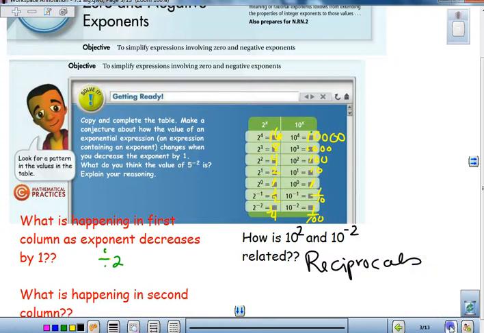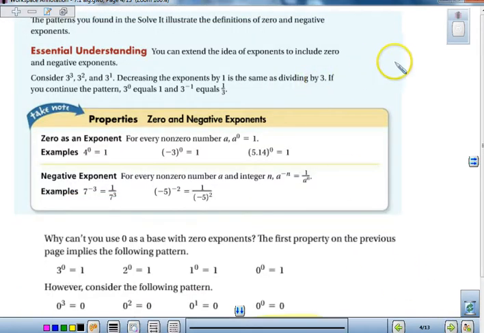Now, you should be filling in the vocabulary in your notes, but the rest of the notes you may either want to take on a sheet of notebook paper, or do it in that foldable notes that we talked about. The key thing that you understand is that we extend the idea of exponents to include zero and negative exponents.